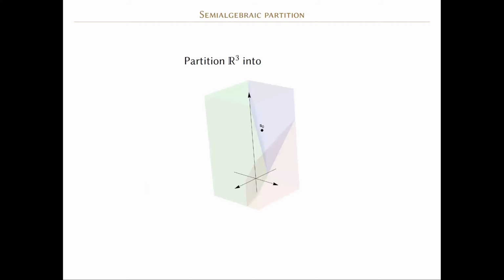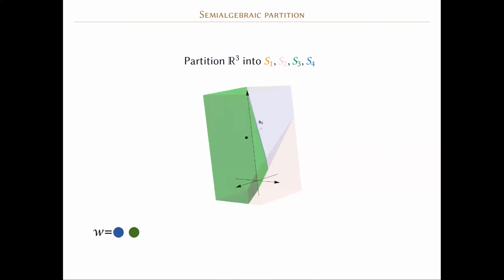To have a more concrete example of where these sets S come from, let's partition our three-dimensional space into four semi-algebraic sets as follows. A plane S1, the half space beneath it, and two regions above it. Let me rotate this picture a little bit.